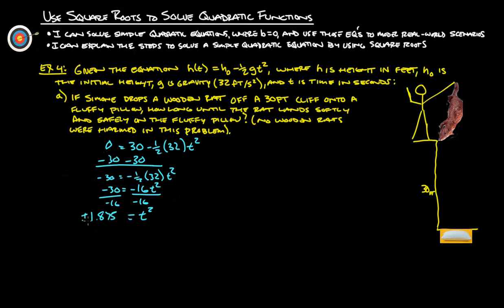And now that's plus or minus officially, right? But negative time doesn't really make sense, so we don't do the plus and the minus. We just do plain old 1.875. So we get 1.875 equals t squared. So we square root both sides to figure out what t has to equal.